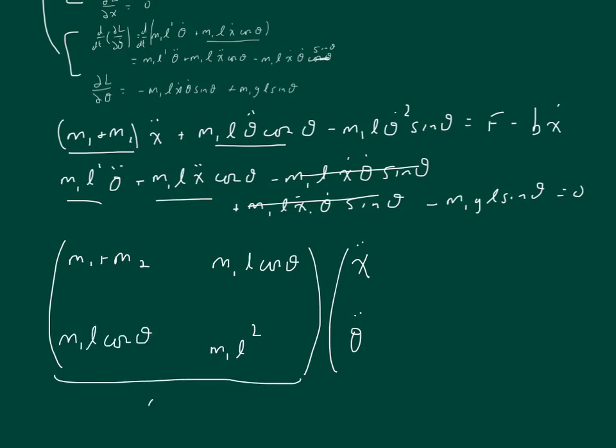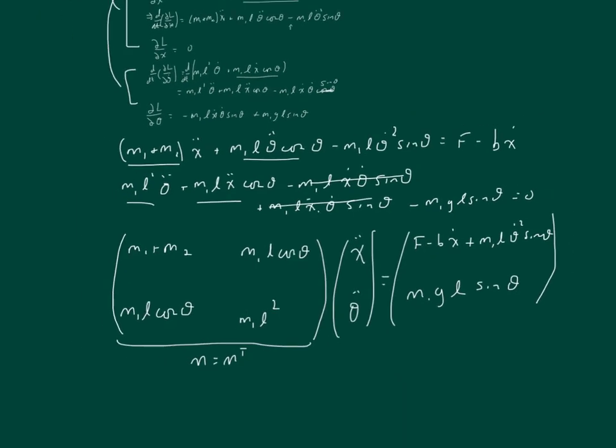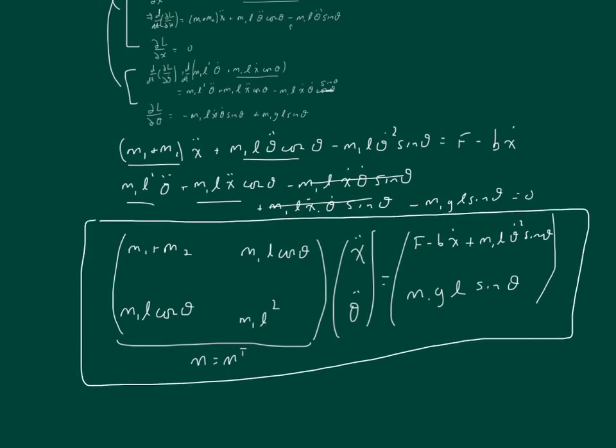Again, notice that M is equal to M transpose, where M is that matrix. And then on the right-hand side, we'll have F minus b x dot plus m1 L theta dot squared sine theta, and on the bottom equation, we have m1 g L sine theta. Okay, so that's it. This equation is the equations of motion for the inverted pendulum.